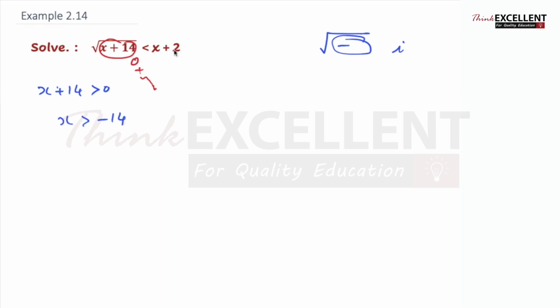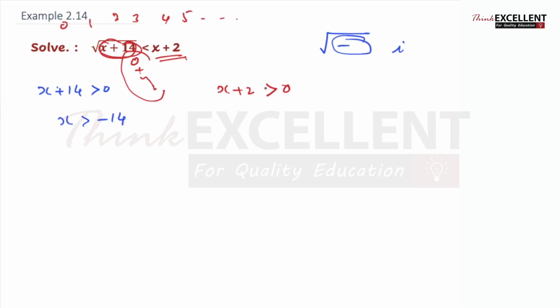So x plus 2 must be greater than the smallest value, 0, because inside that it can be any positive number, 5, 4, 3, 2, 1, or even 0.